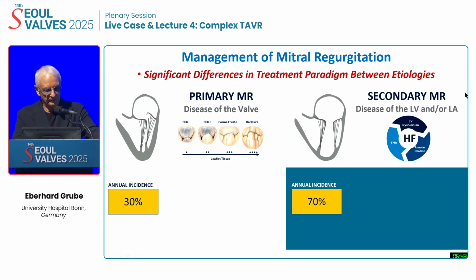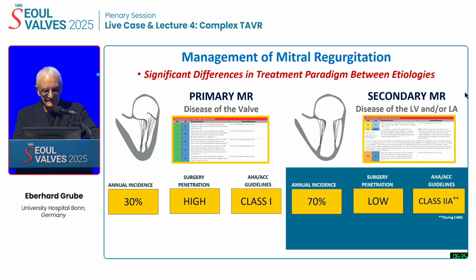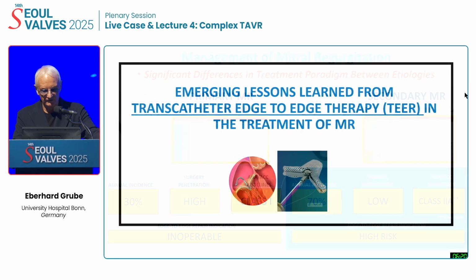Annual incidence of primary is 30%, secondary 70%. Surgery penetration in primary is high, secondary low, and guidelines are class 1 in primary and class 2A in secondary. The TEER indication for those 2, obviously, is only in primary, only inoperable patients, and in secondary MR, only high-risk patients.